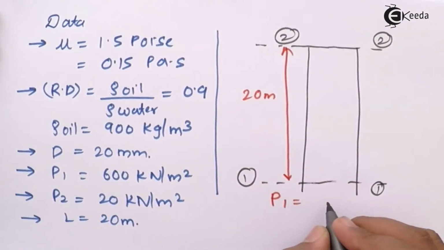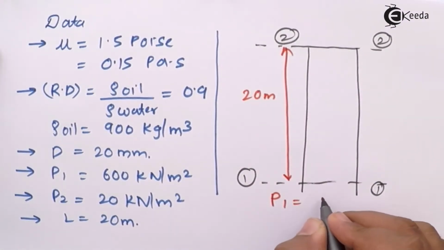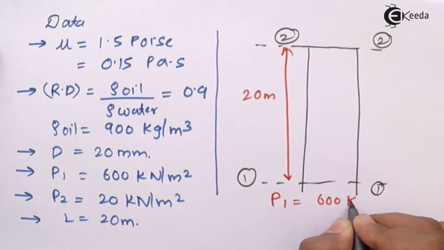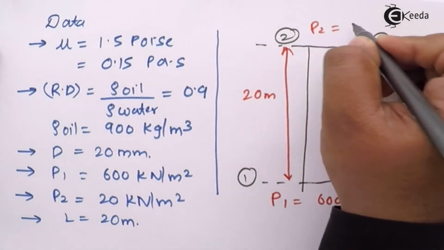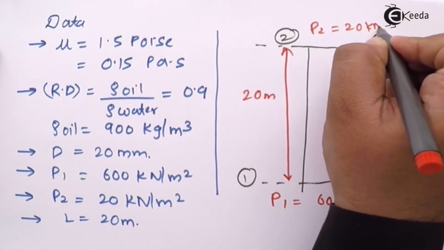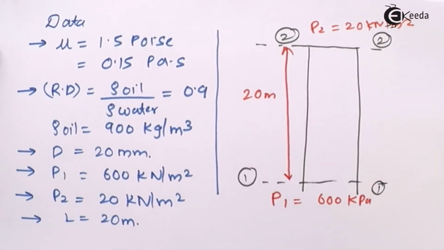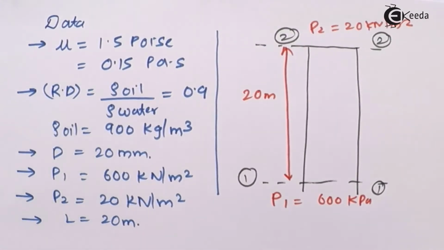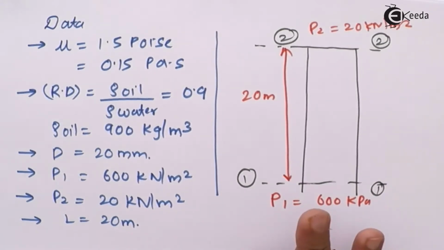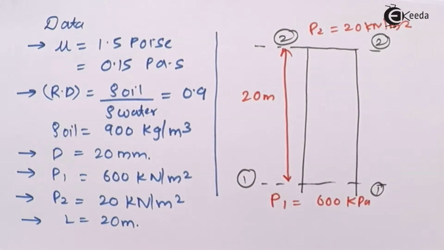The pressure in section 1 is given as 600 kilopascal, or kilonewton per meter square. The pressure in section 2 is 20 kilonewton per meter square. We don't know the flow of the fluid, so now let us calculate this. For this, we have to apply Bernoulli's equation at section 1-1 and section 2-2.